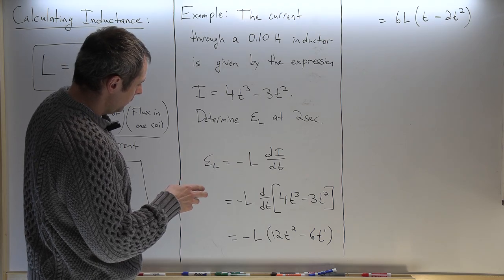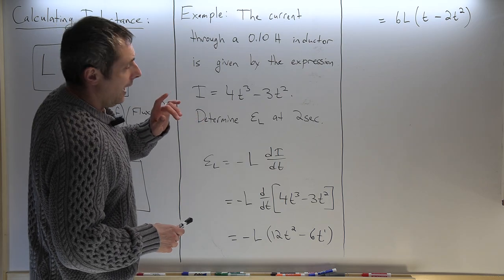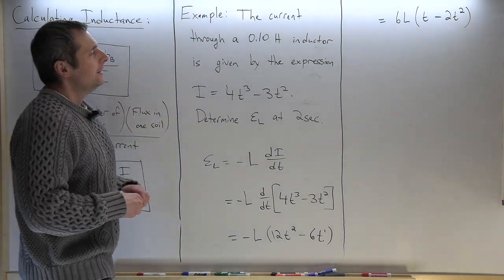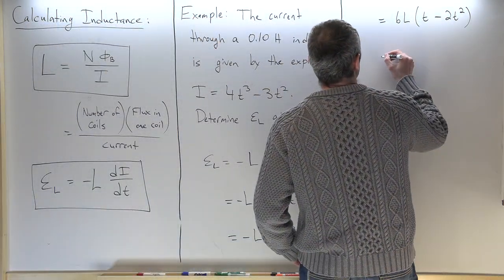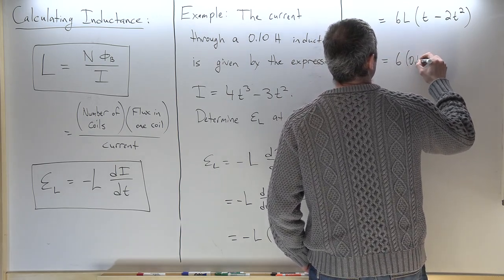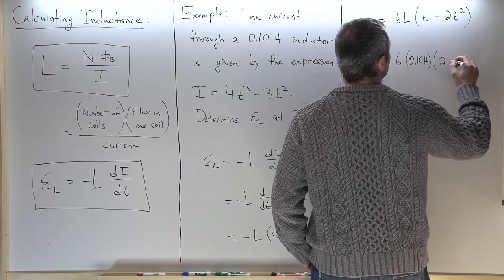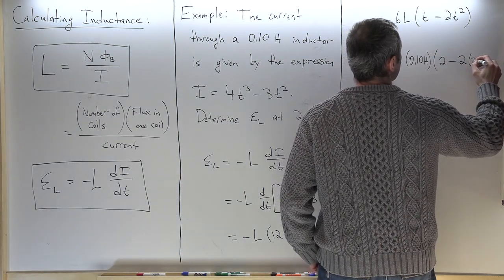Let me look that over to make sure I didn't make any mistakes. Yeah, I think that's good. Now I can plug in my data: 6 times 0.1 Henry, times 2 seconds minus 2.